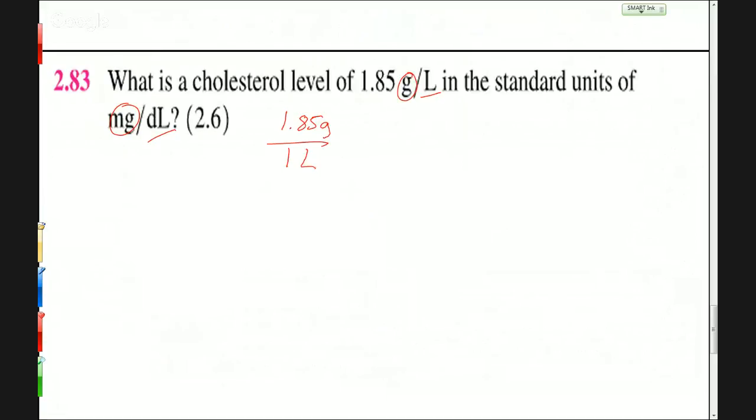That's what that slash means, grams per liter. Another way of saying that is per 1 liter. So when we write that following our units, we have to have a unit on top and a unit on the bottom of the fraction. And we want to set something up so that ultimately we have milligrams on top and deciliters on the bottom.